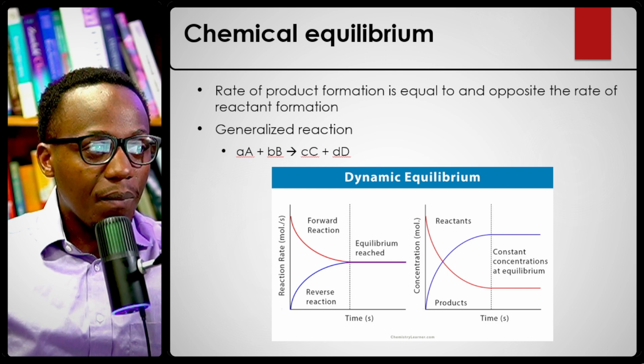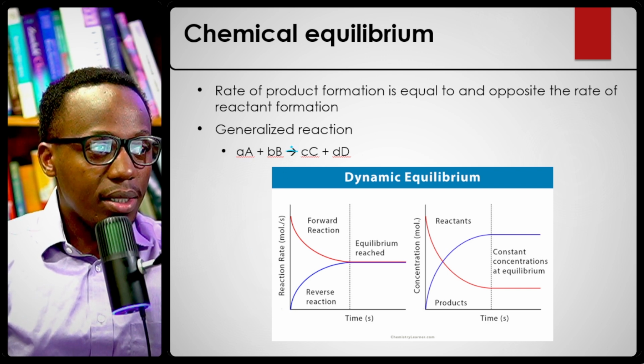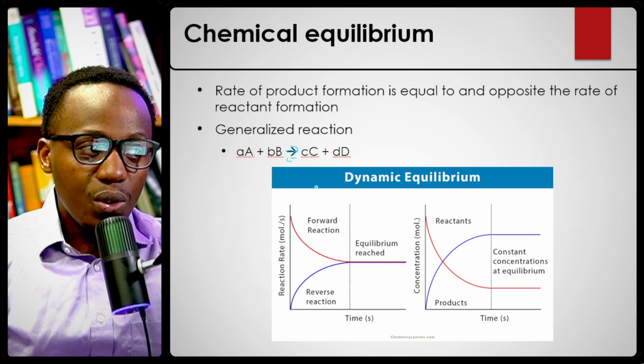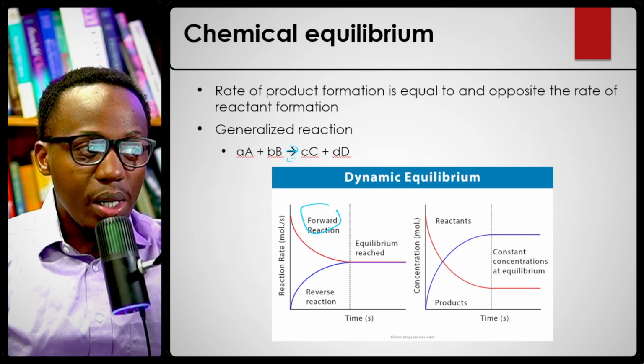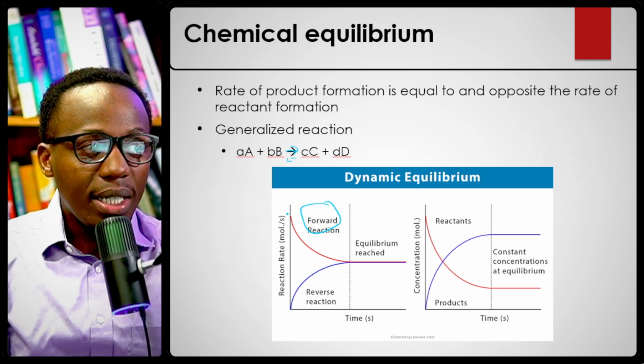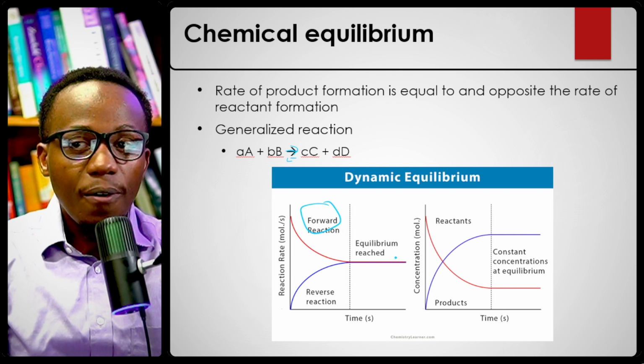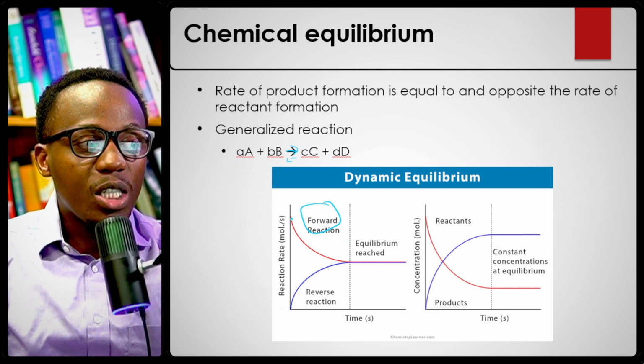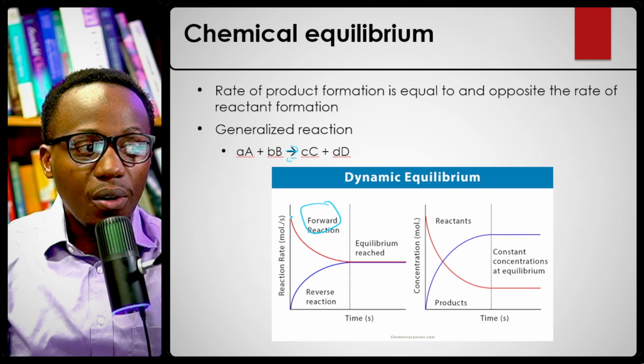So here, as you can see, again, this is a reversible reaction, right? So the forward reaction, where you are making C and D, and then the reverse reaction. So the rate or the speed of the disappearance of the reactants goes this way.